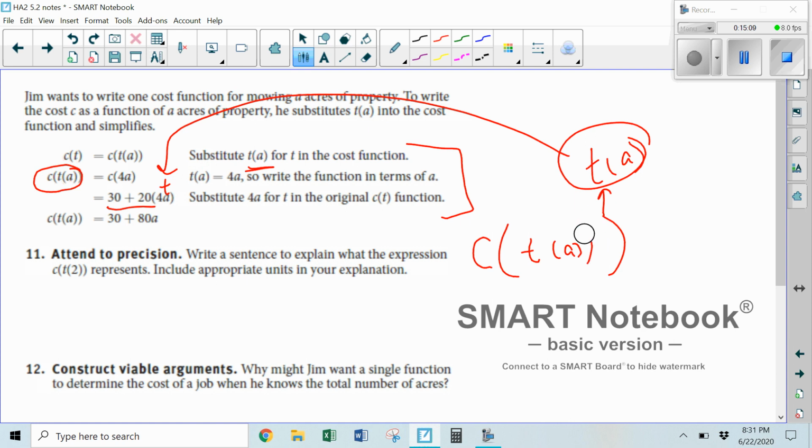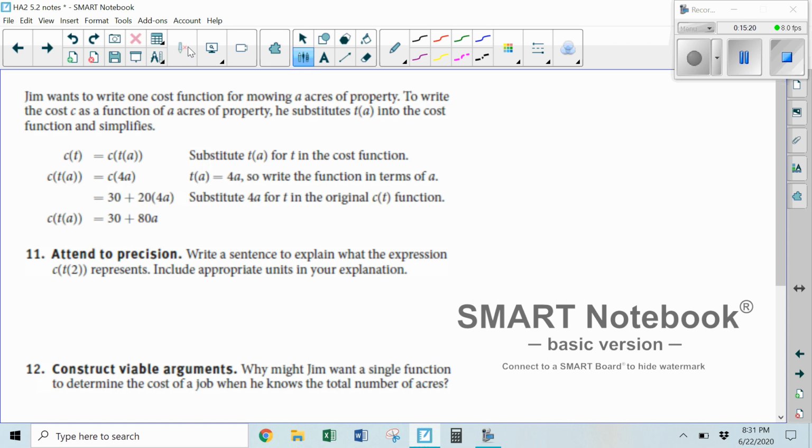We're plugging this function into this one. Number 11. Write a sentence to explain what the expression C of T of 2 represents. Include appropriate units in your explanation. So remember, this is acres.